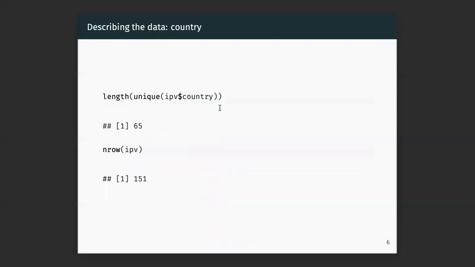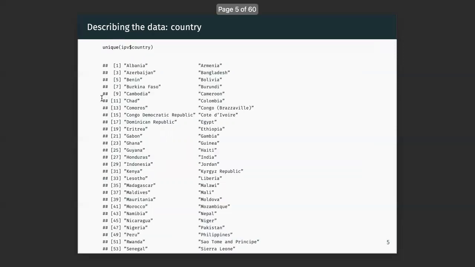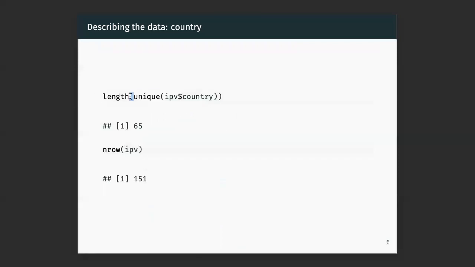We have 65 unique countries represented in the data set, which I get by taking unique and then wrapping it in a length function. First I take this vector of unique names, and then I use the length function to ask how long is this vector, just like this. That'll tell me how many unique countries there are: 65. And nrow will tell me how many rows are in the data set: 151. So we have 65 unique countries and 151 observations. So most countries are measured 2 or 3 times.